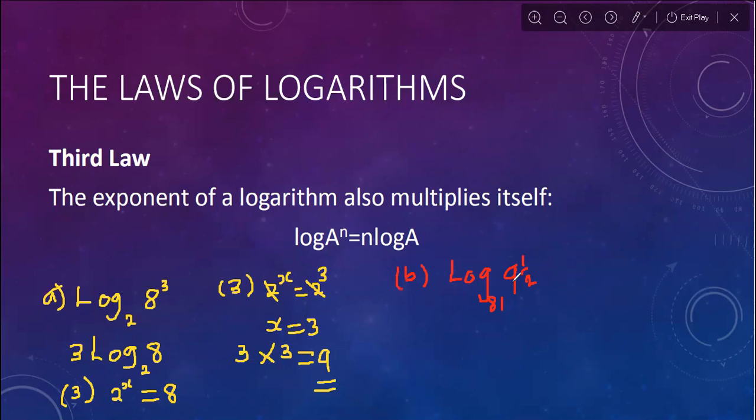So log 9 is to the power of half in base 81. Just as the law states, we multiply the log by its power. So here we're going to have 1 over 2 multiply this log, log 9 in base 81.